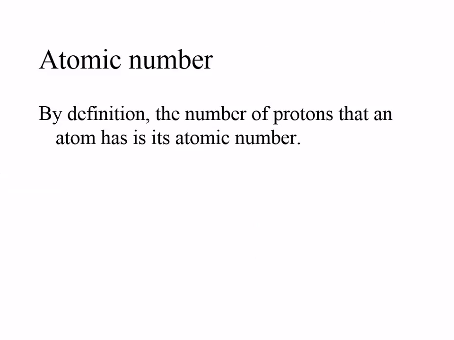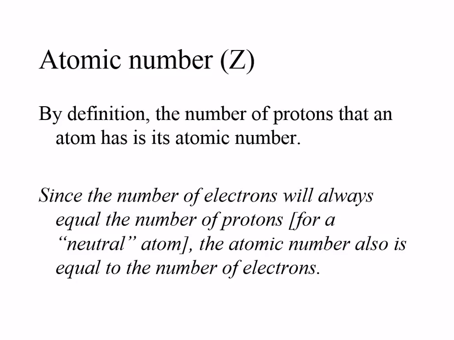So, atomic number. Remember back to the slide that says know these elements by atomic number. It's the number of protons. It is the symbol Z. Don't blame me. And all this is saying is, like the example I have up here, if you're dealing with a neutral atom, and how do you know it's neutral?